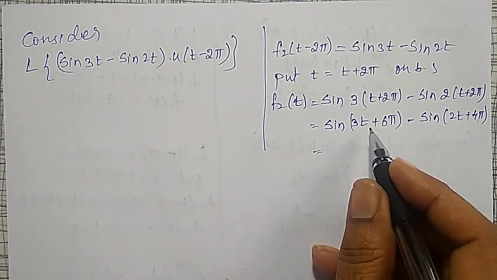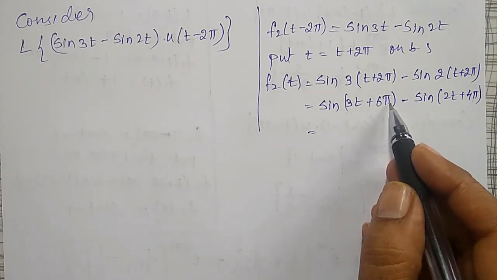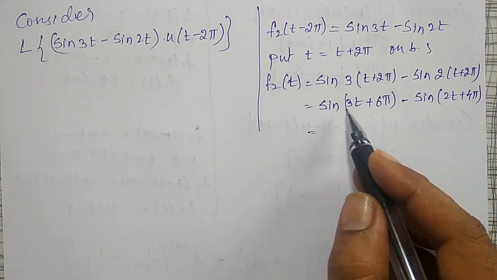Then using allied angles, 6 pi is an even multiple, therefore sine will remain sine only.